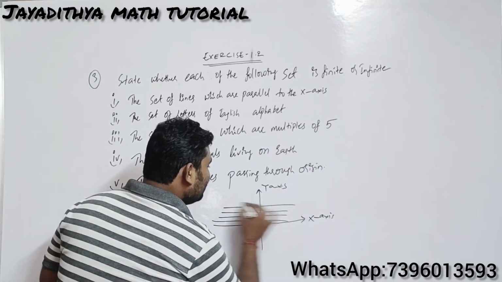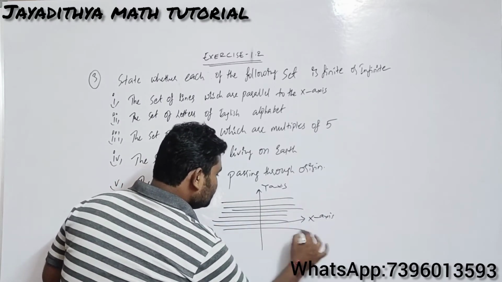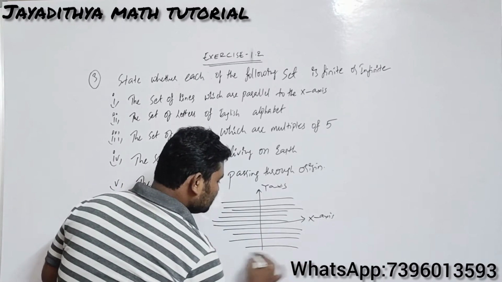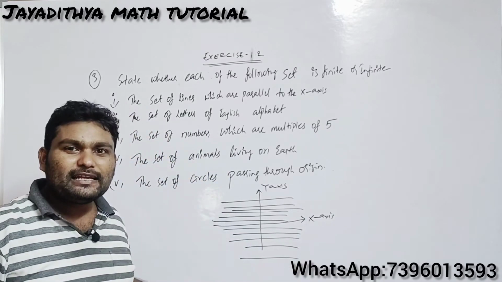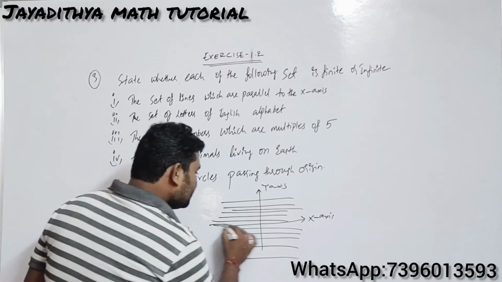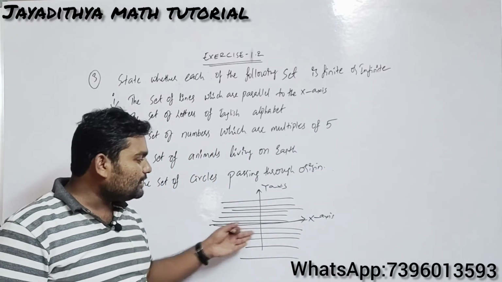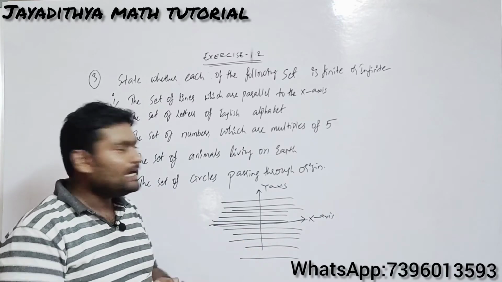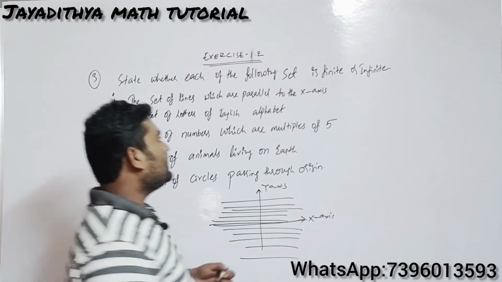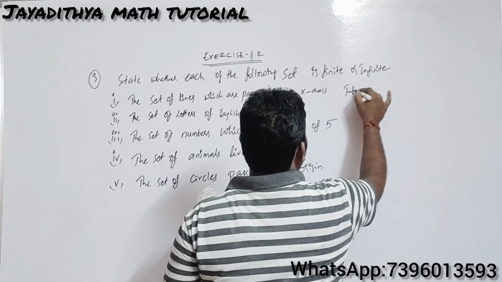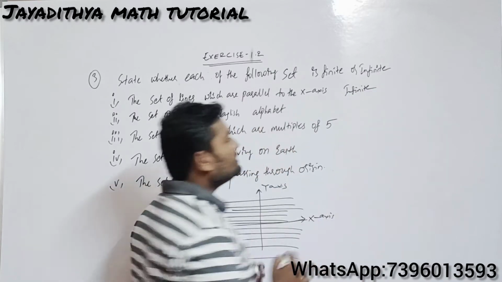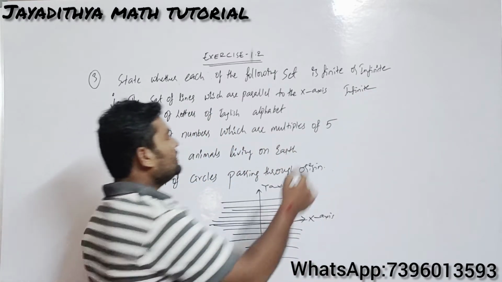So how many lines can you draw like this? You can draw infinite lines parallel to the x-axis. Therefore, you can easily say the first one is an infinite set.